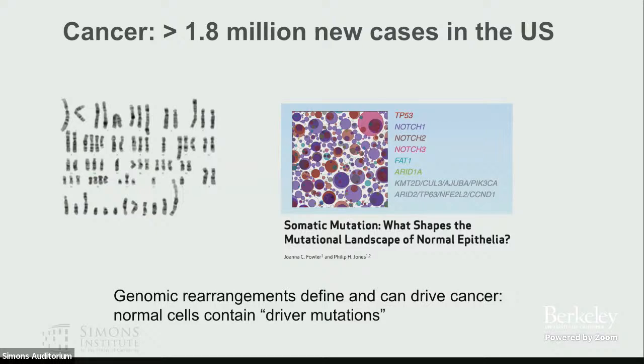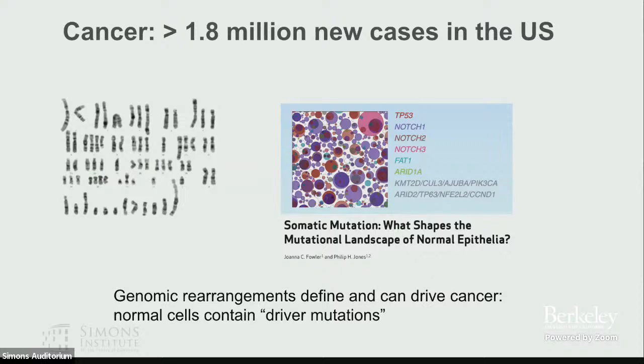And one of the projects that I worked on was trying to discover gene fusions in cancer. And this was suggested by my mentor, Pat Brown. The reason that he suggested it was that one of the defining features of cancer genomes is their incredible genomic instability at the level of chromosomes.